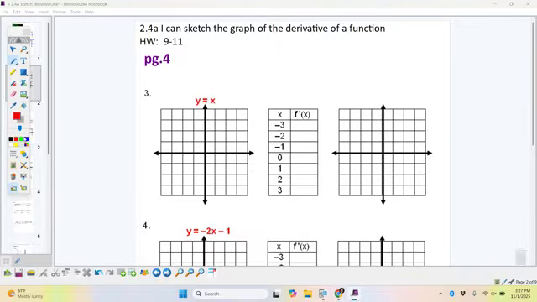Okay, let's graph y equals x. Y equals x is 0, 0, 1, 1, 2, 2, 3, 3, -1, -1, -2, -2. All right, let's think of the slope at all of these points.